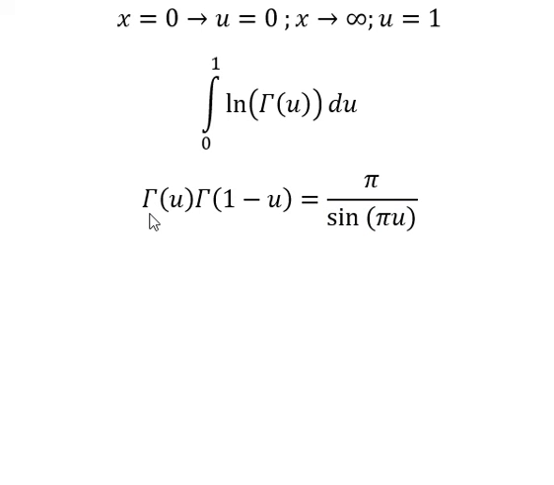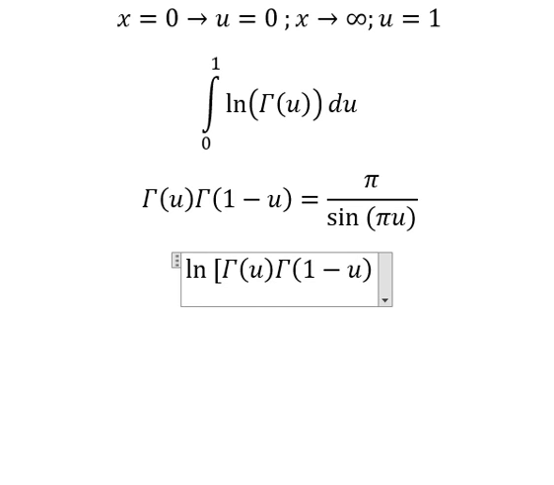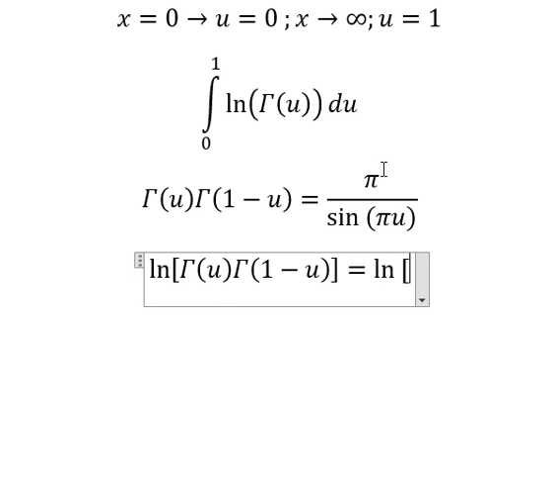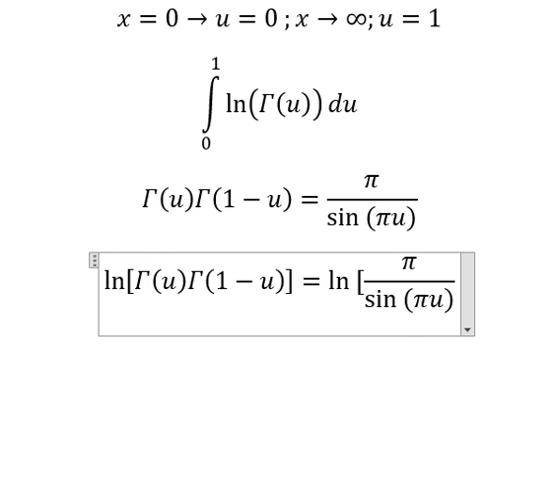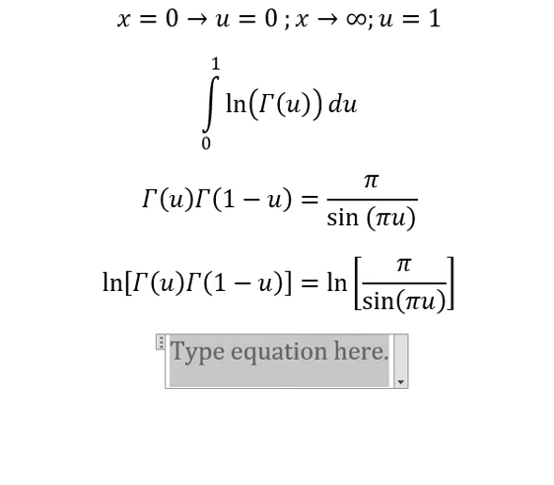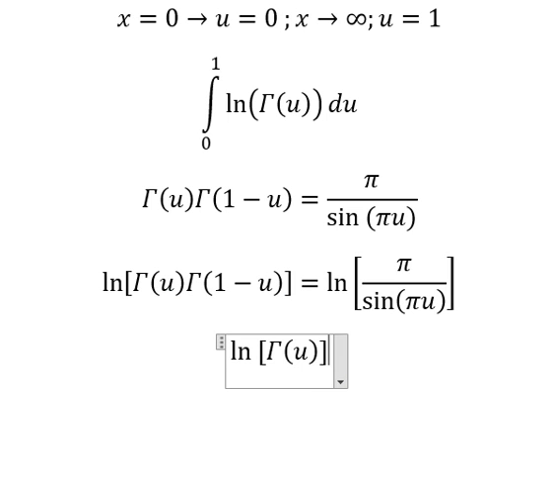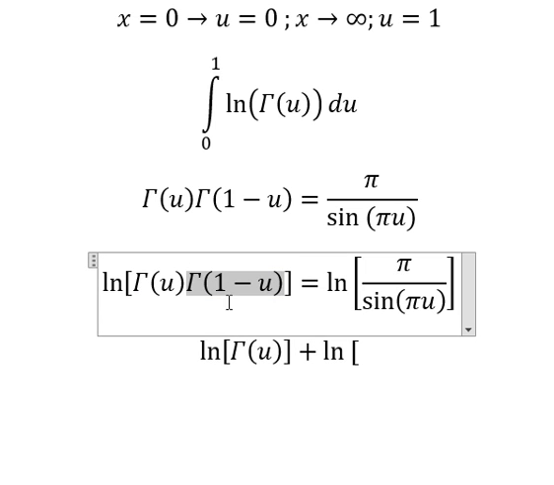So now I will use the natural log for both sides. In this situation, ln of gamma of u multiplied by gamma of 1 minus u, we can put into ln of gamma of u plus ln of gamma of 1 minus u.